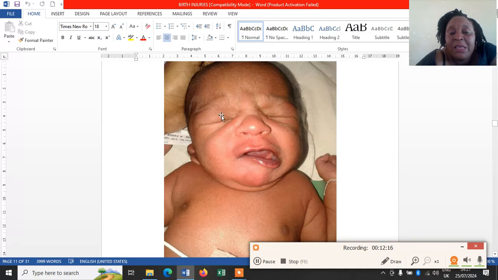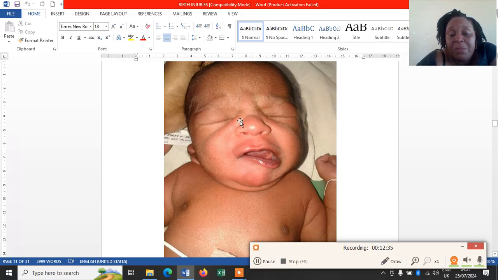We expect even the eye on this side to remain open depending on the extent of the damage of the facial nerve.